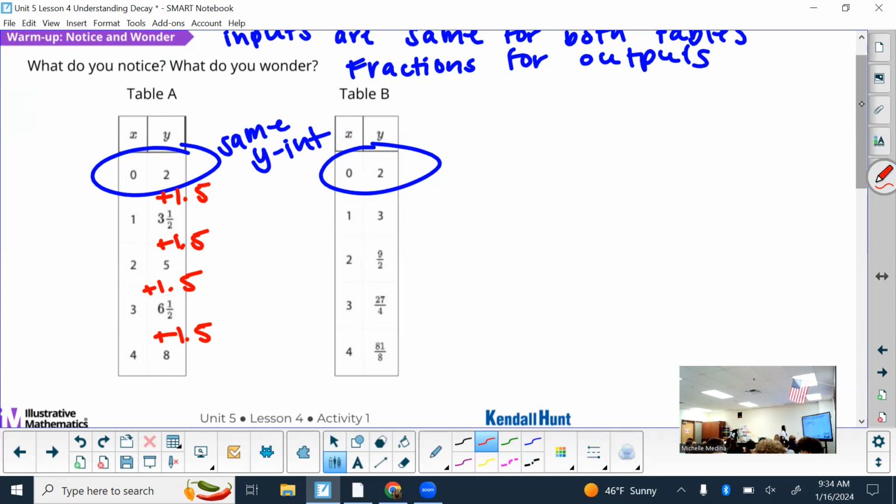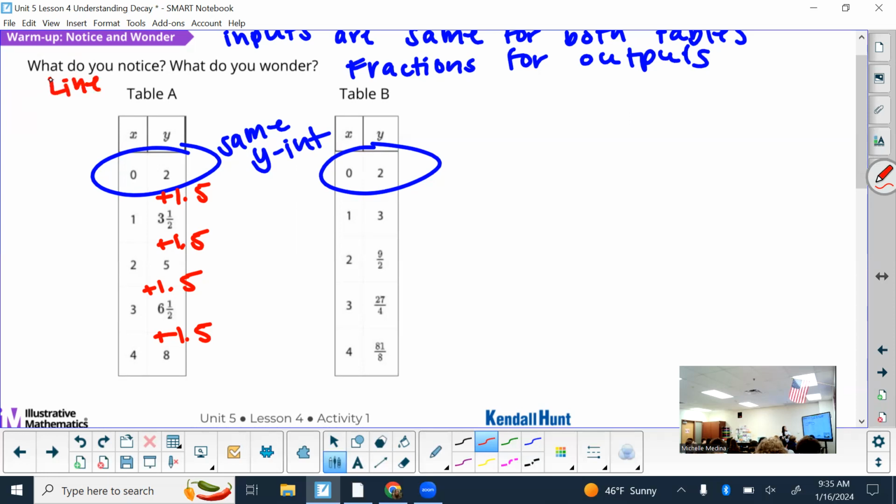If I graph this, what would it look like? Say it loud and proud, I can't hear. Little whispers out of them. Linear, thank you. There's only a few that we've ever talked about in here.